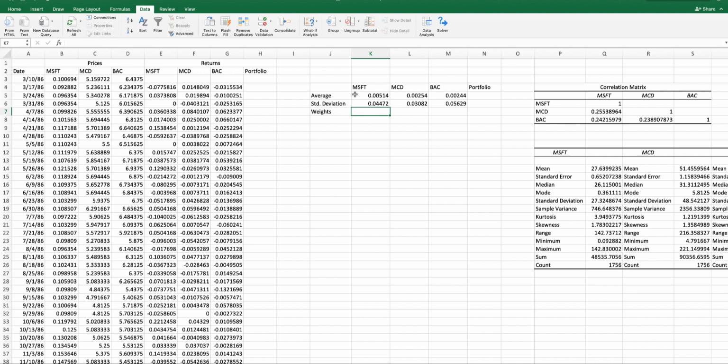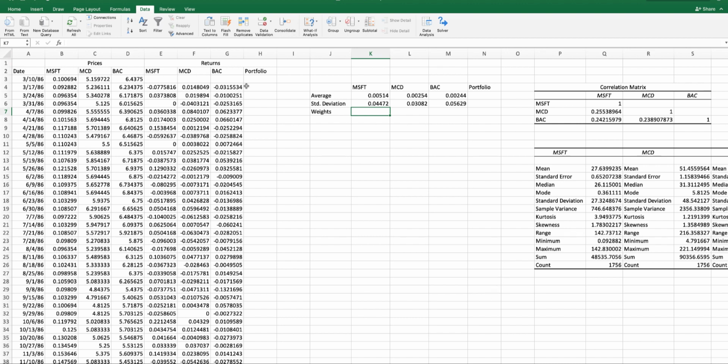If your whole portfolio is 100%, what percentage of that is invested in Microsoft, what percentage is in McDonald's, and what percentage is in Bank of America. We don't have any control over stock prices. Therefore we don't have any control over these returns. But we do have control over where we're going to invest our money and how much we're going to invest.